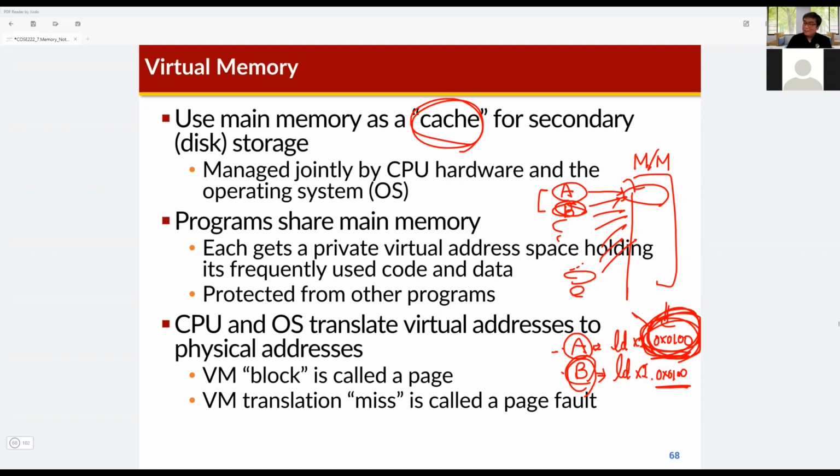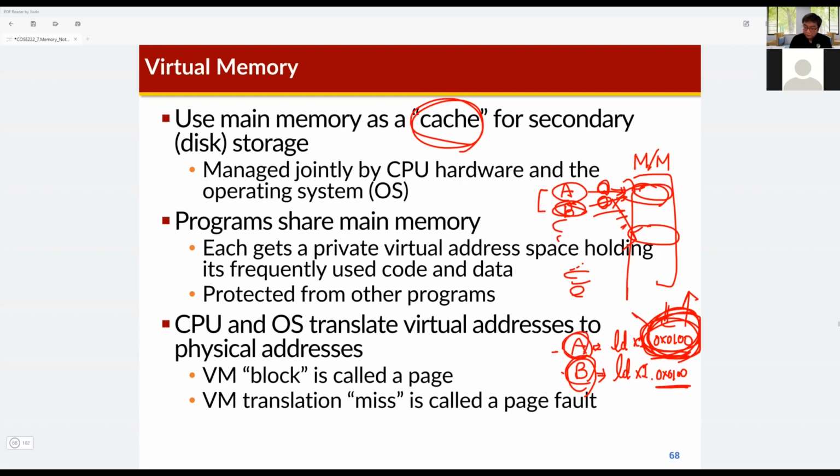It's a kind of conflict. So how can we convert this address to a different location of the memory? Understand?